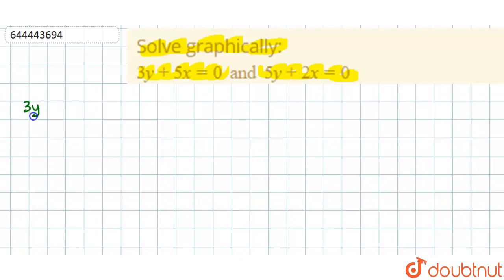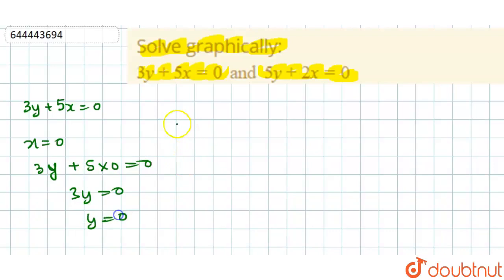So the first line is 3y plus 5x is equal to 0. For x is equal to 0, 3y plus 5 into 0 is equal to 0, so 3y is equal to 0 and y will also be 0. So for x equal to 0, y will also be 0.